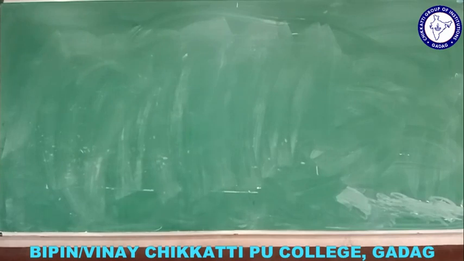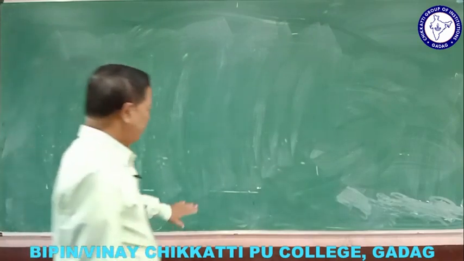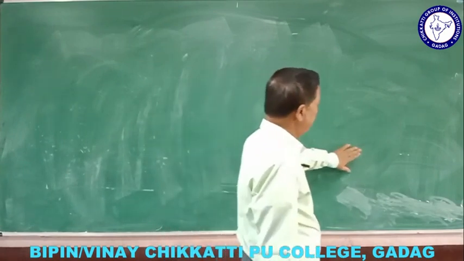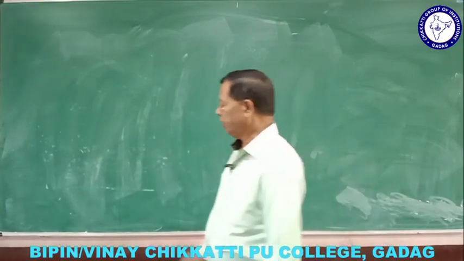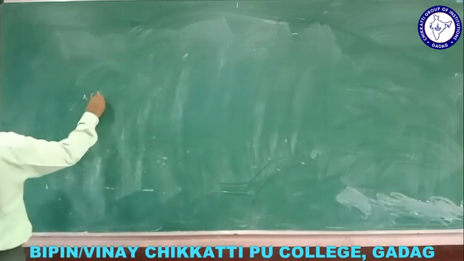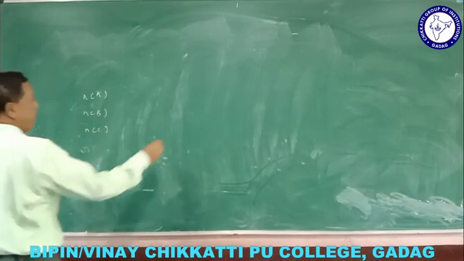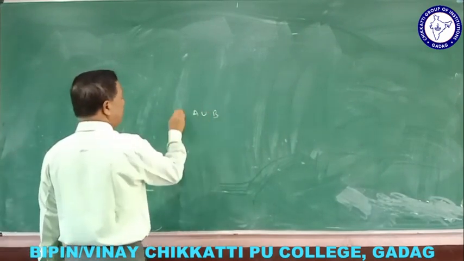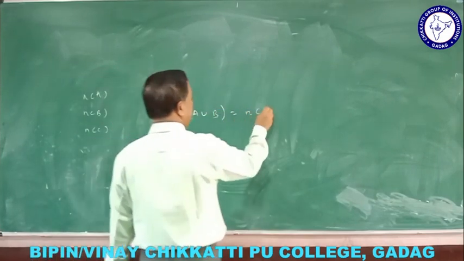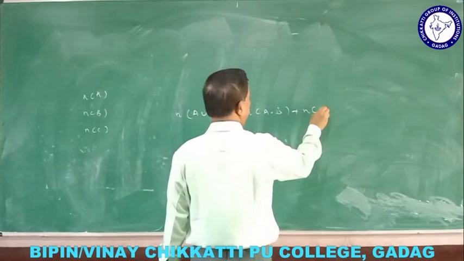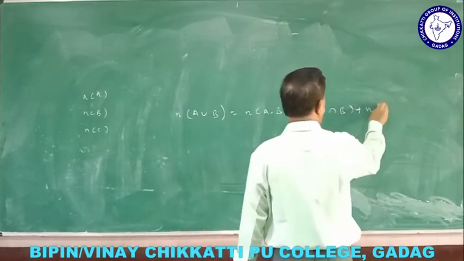So when you take disjoint sets, you write the plus sign, and then the number of elements. Already I told you, in the case of power set, that the number of elements in the set A is denoted by n of A. We write n of A, n of B, number of elements in B, n of C, number of elements in C. Suppose A union B: n of A union B is equal to n of A minus B plus n of A intersection B plus n of B minus A. Why?